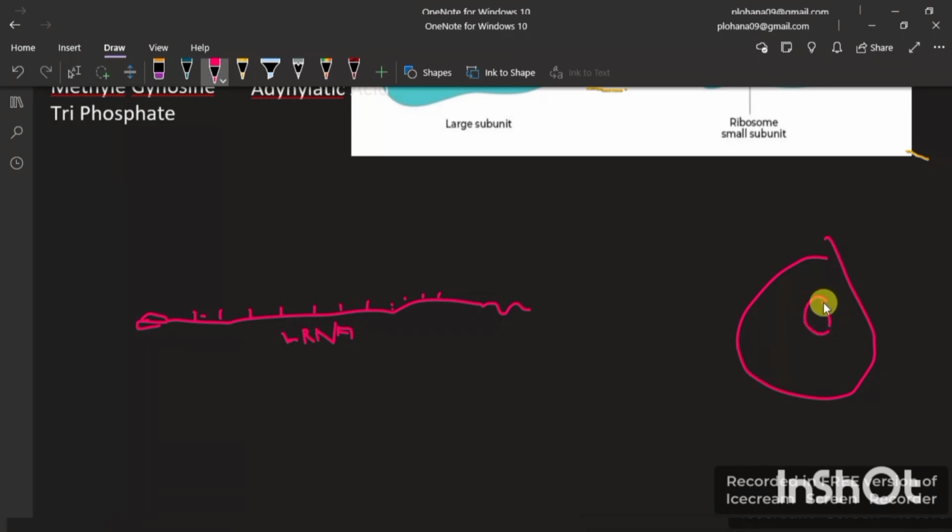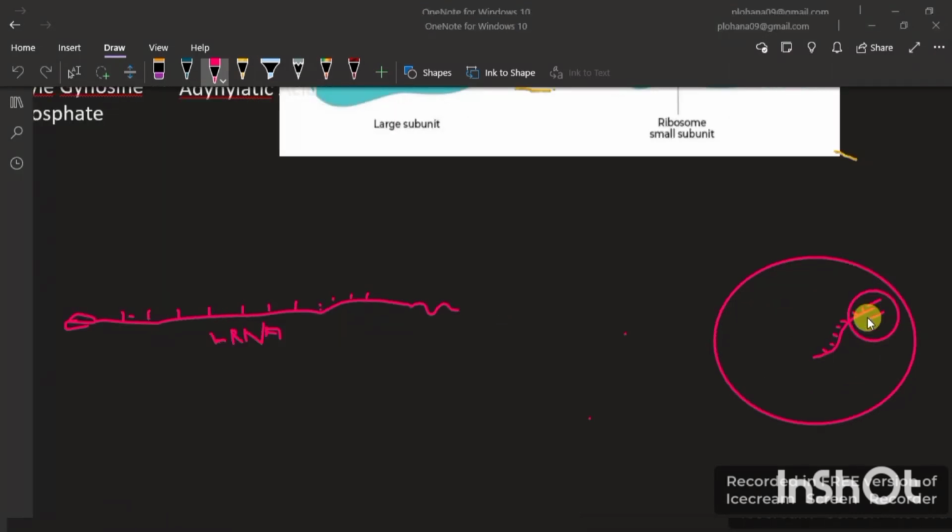This is the nucleus in which transcription happened, meaning the RNA was formed here. Then it came out of this. So transcription happens in the nucleus of the cell, and now translation will be happening in the cytoplasm of the cell. This is the cytoplasm where translation will be happening.